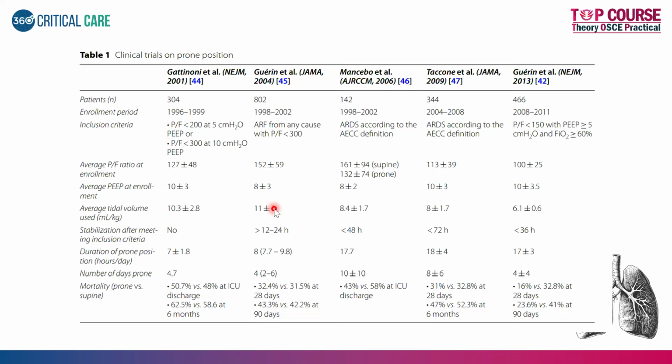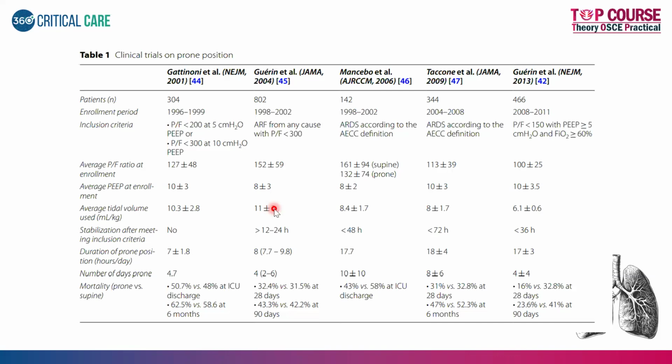Having said all of this, early proning is always the way forward. That will help in better recruitment of the alveoli, and further on, it would prevent worsening of the ARDS. Remember, proning moderate to severe ARDS helps, mild ARDS might not.